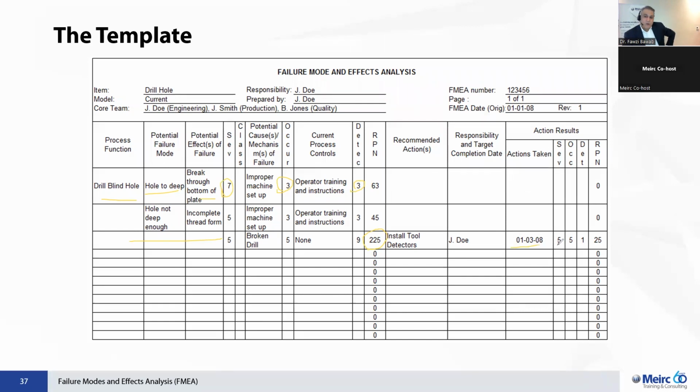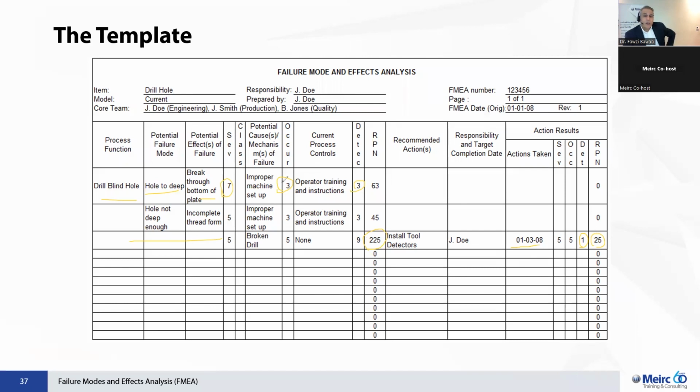And hence, you can see here that we have dropped the detection, right? And hence we are saying that it's 25%. So by increasing detection, the number will go down, and hence the RPN compared to this one has reduced.